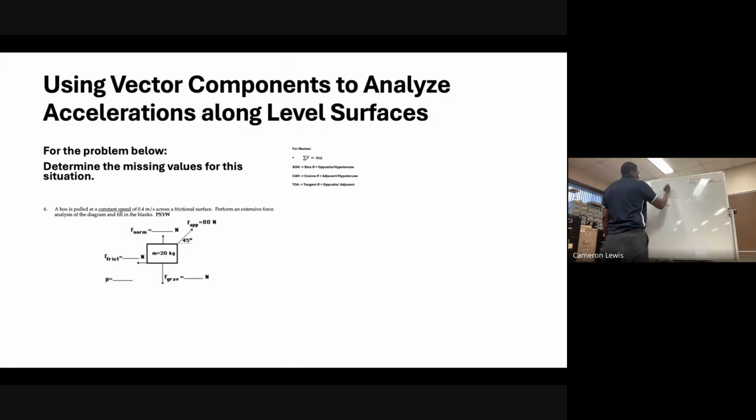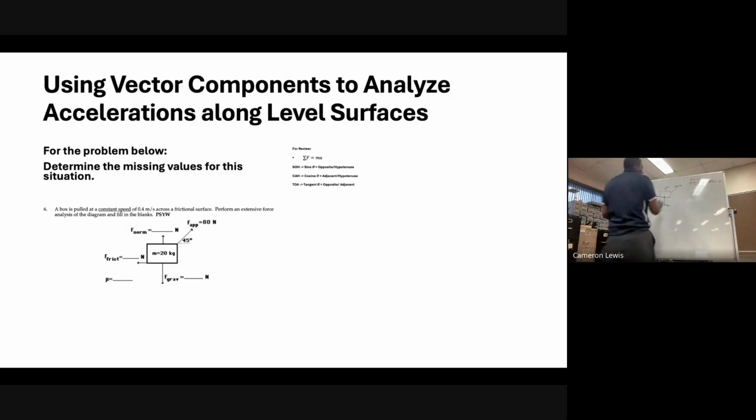Normal force. And a little bit of friction going this way. Applied force going up. That should be it.